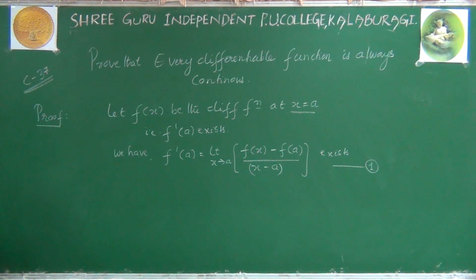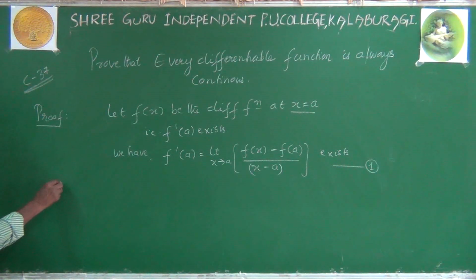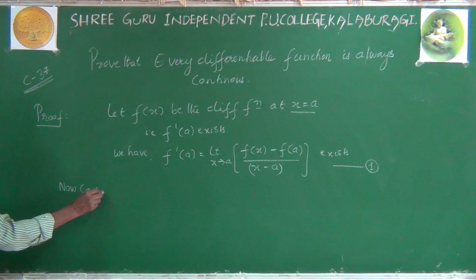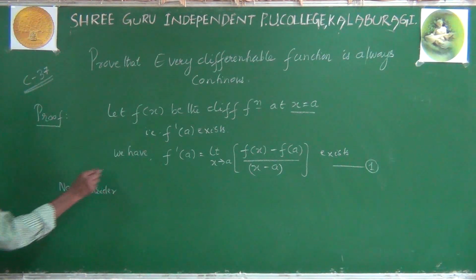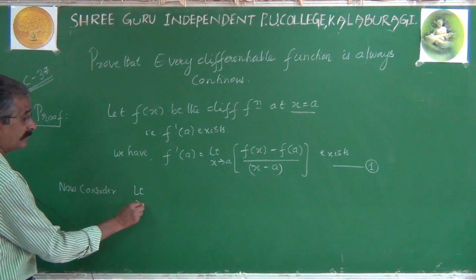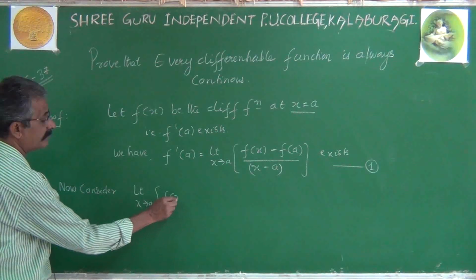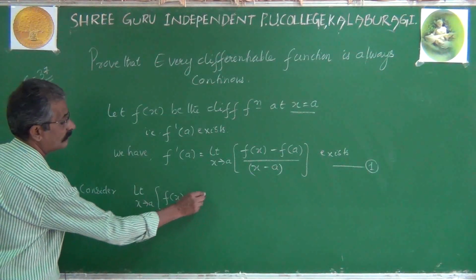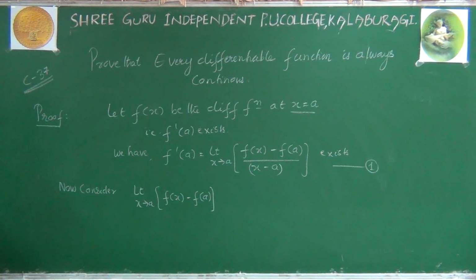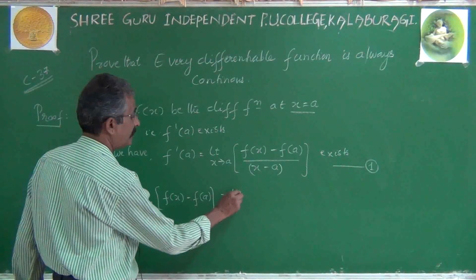Now we consider the limit of this specific function. Now consider limit x tending to a of f of x minus f of a. That is limit x tending to a.